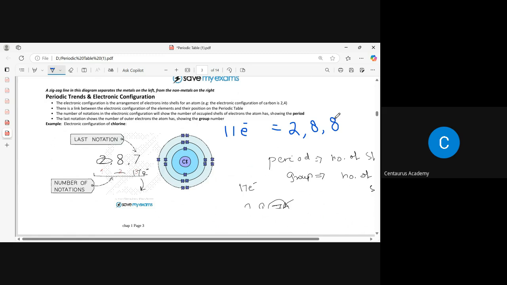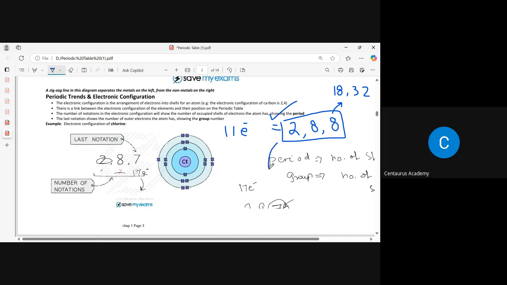But when you look into AS chemistry, you will get to know that the third shell can actually occupy a maximum of 18, and the fourth shell a maximum of 32. But for now, at this point in time, you should consider this electronic configuration.